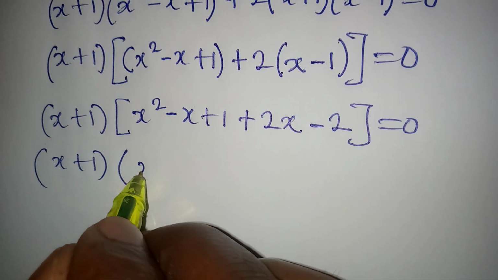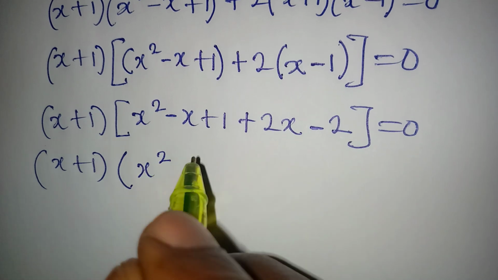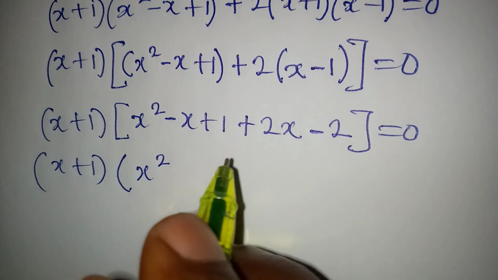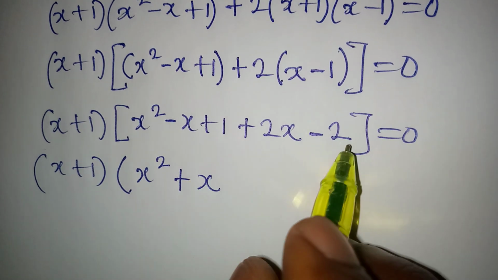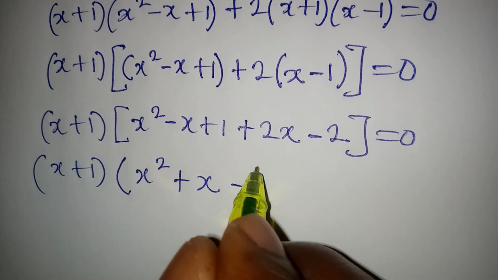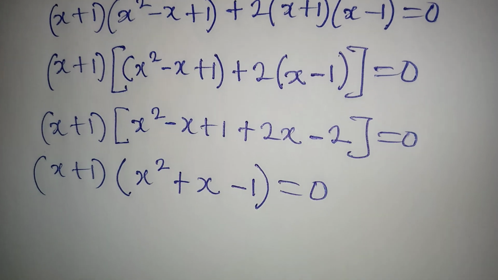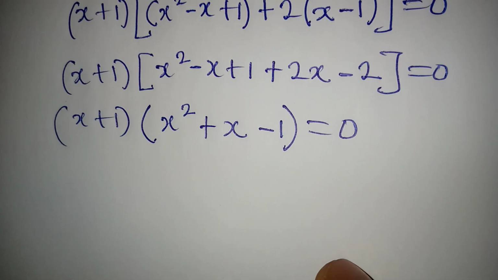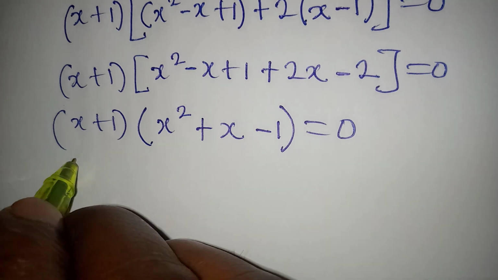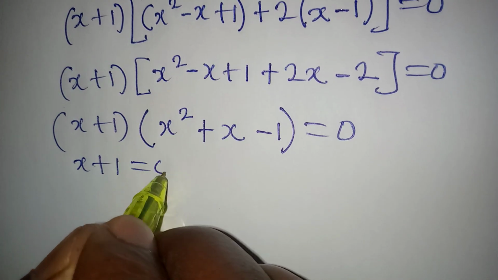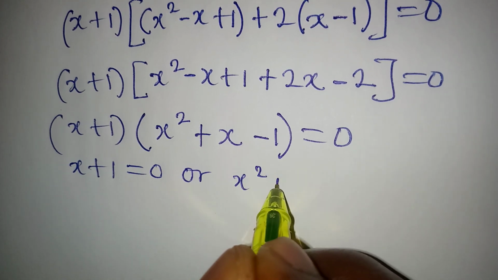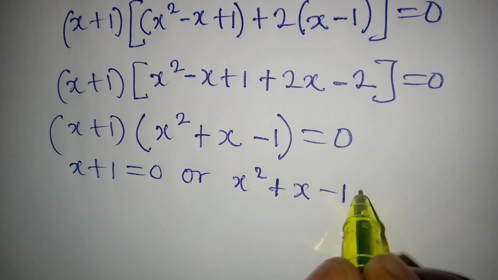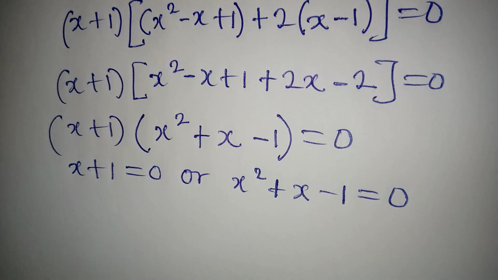And here we have x squared minus x plus 2x will give us plus x. Then 1 minus 2 will give minus 1. And this is equal to 0. Now we apply our zero product rule. x plus 1 is equal to 0, or x squared plus x minus 1 is equal to 0.